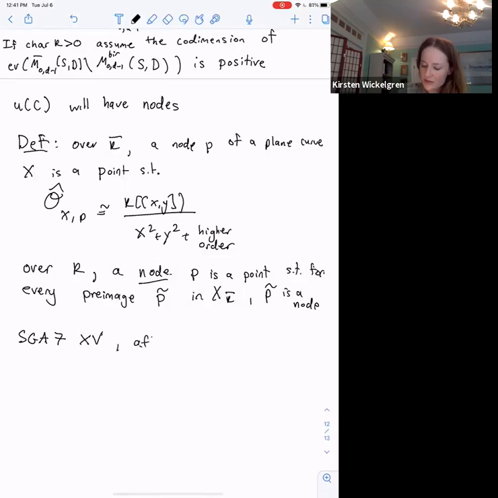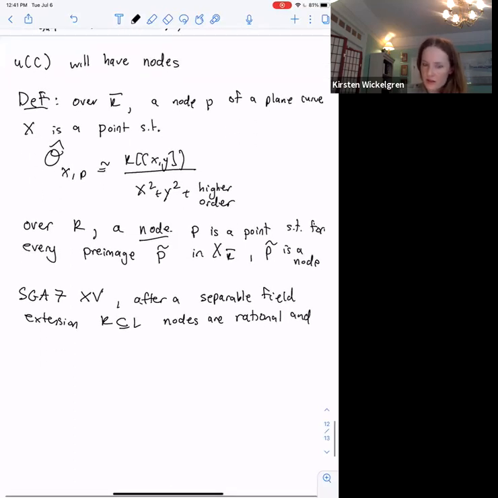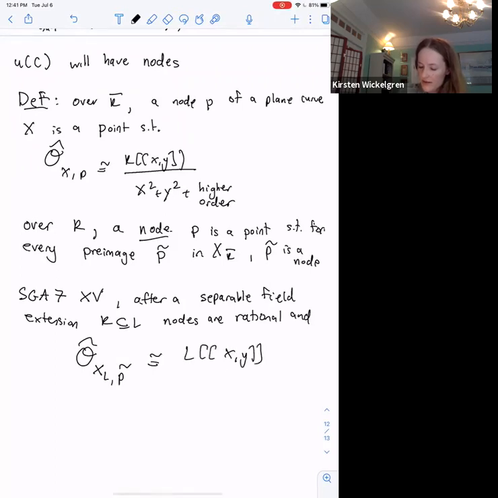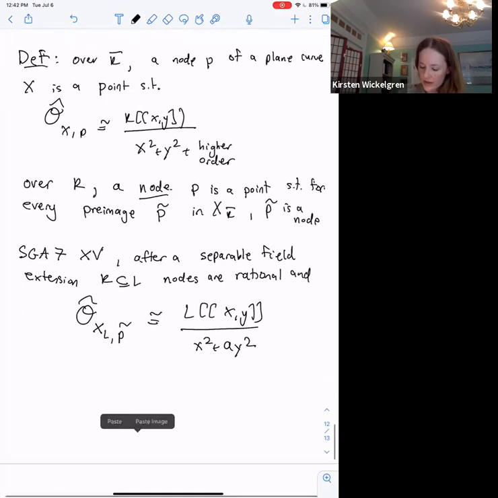And I guess we're working over a perfect field anyway, after a separable extension, the local ring looks like x squared plus a y squared.